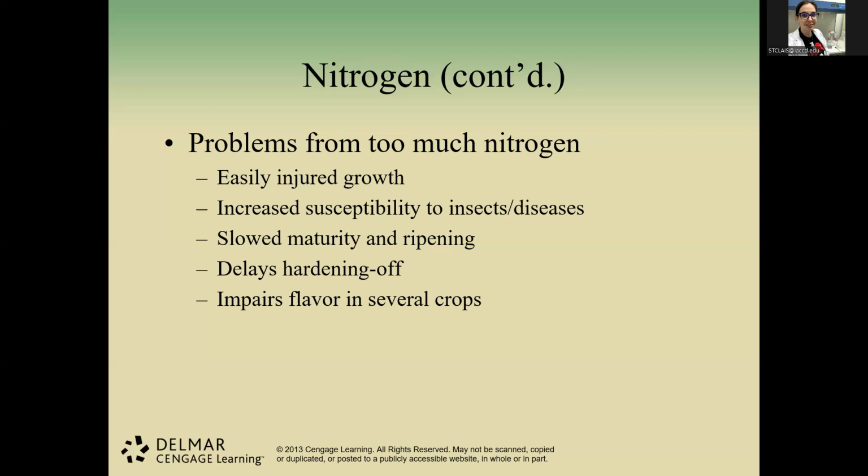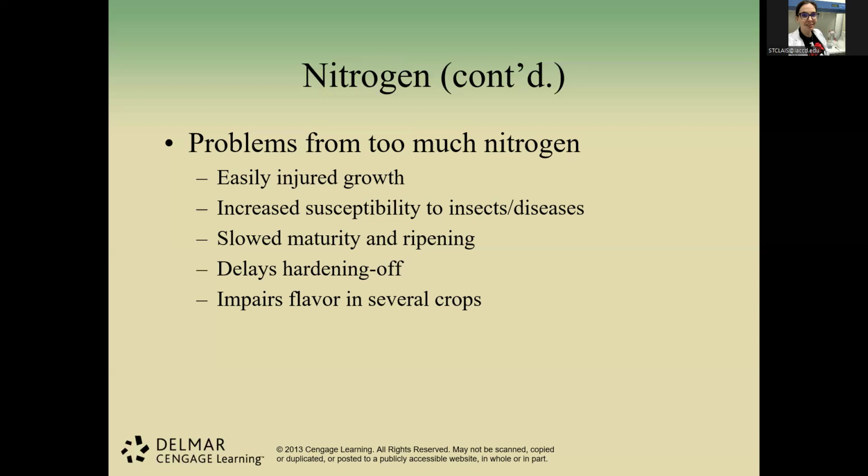Remember that nitrogen is especially for vegetative growth, but it may delay ripening, may delay flowering, and overly rapid growth also delays the hardening off process. That makes sense if we talk about having fragile stems and things of that nature. This hardening off process is part of the acclimatization to a winter environment, for example.